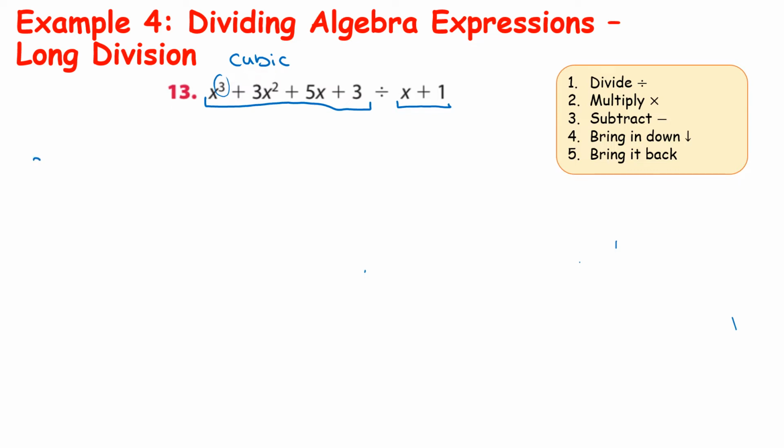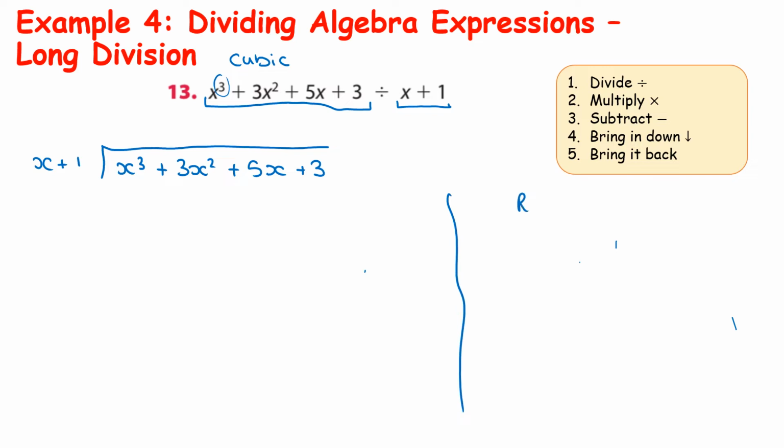So let's set this up. So we're going to have x plus 1, and we're going to divide that into x cubed plus 3x squared plus 5x plus 3. So I'm going to do my little rough work here on the right, and I have my steps. So the first step is divide.